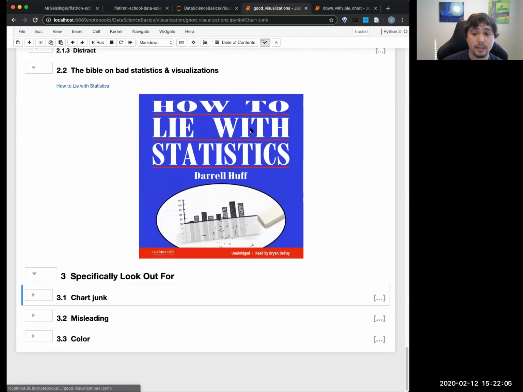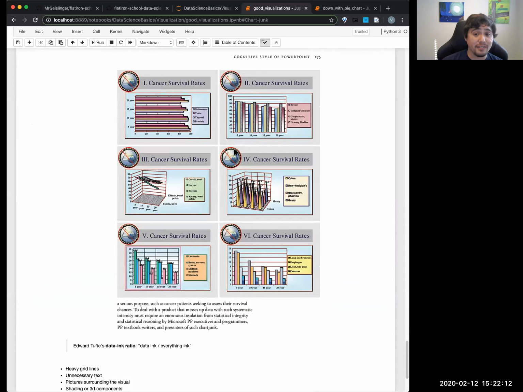In this book, How to Lie with Statistics, I talk about chart junk. Chart junk is what you see in infographics. This looks like the 90s, doesn't it? Extra 3D graphs and stuff like this. This is what we call chart junk. There's too much going on.